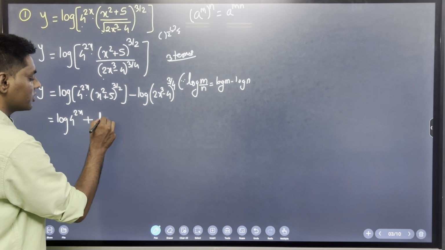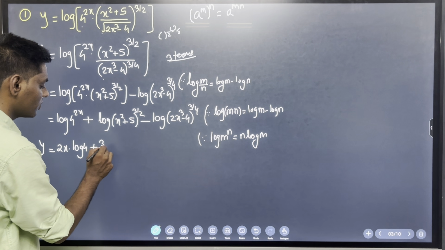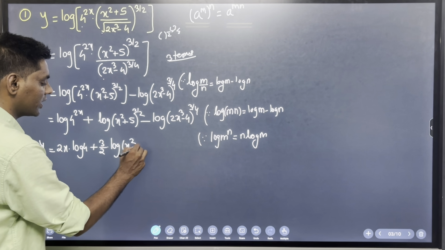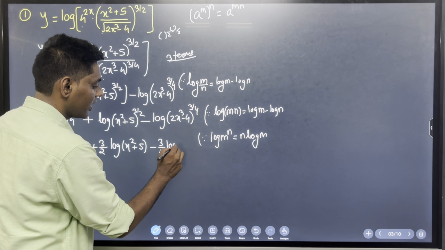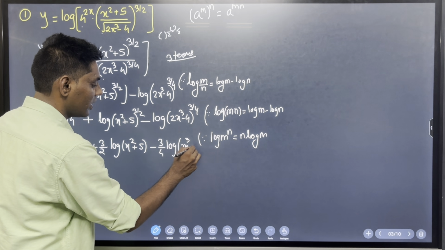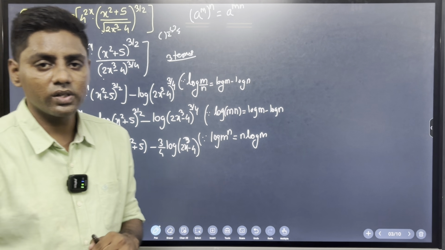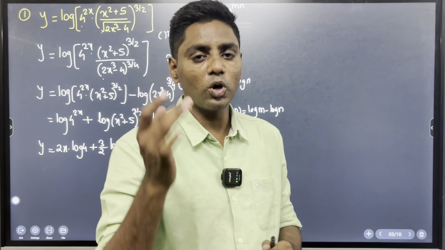According to that property, when we apply it here, 2x is our power and it goes to multiplication: 2x log 4, as it is, plus 3 by 2 is the power, it goes to multiplication, so 3 by 2 log of x square plus 5, as it is, and minus in the third term, 3 by 4 is our power, so write the multiplication and then log of 2x cube minus 4. In such a way we simplify this question by applying the properties of logarithm.